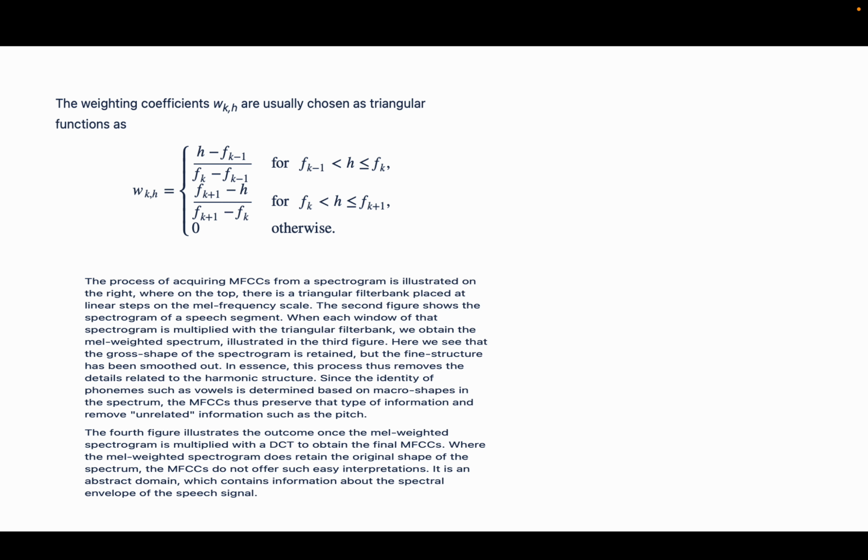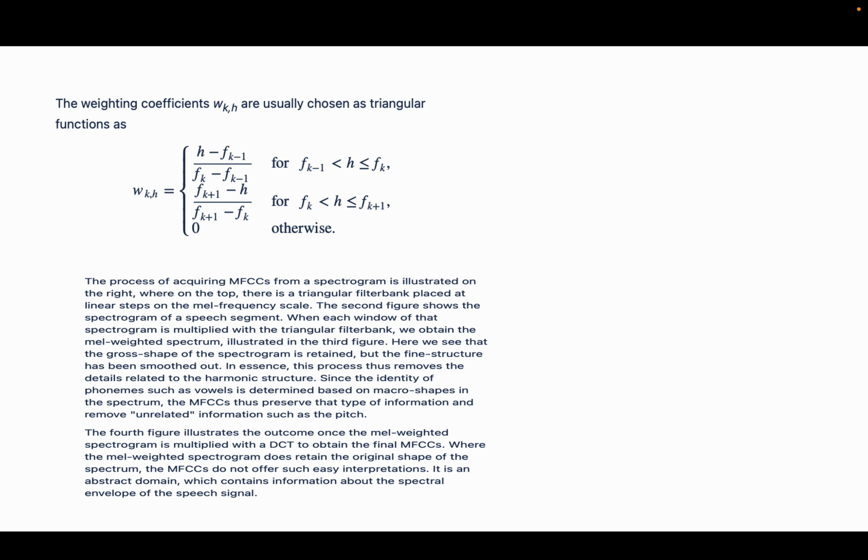The process of getting the MFCCs from a spectrogram is going to be shown, I believe, on the next slide, where you apply a triangular filter bank placed at linear steps on the MEL frequency scale, which will be non-linear steps on the frequency scale. We'll see a figure of the triangular filter bank and the spectrogram of a segment of speech.